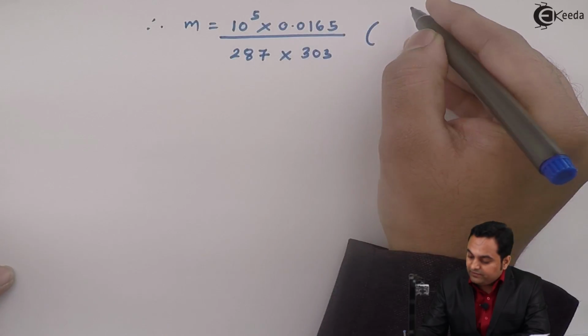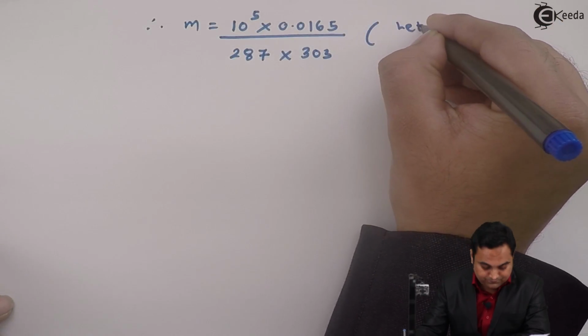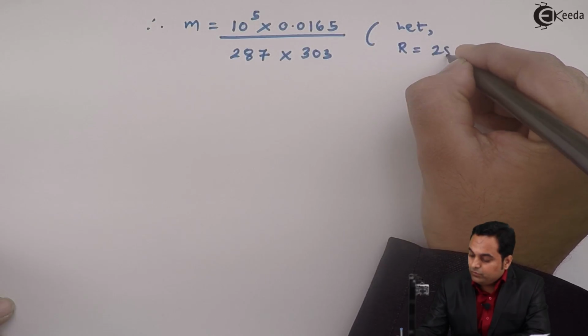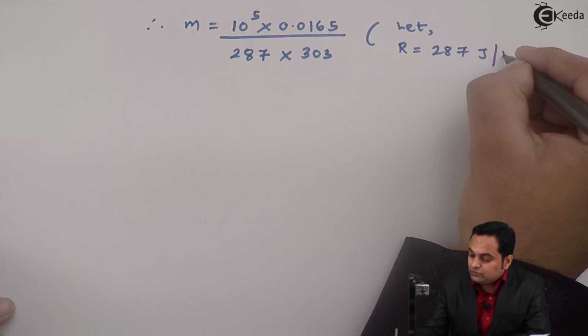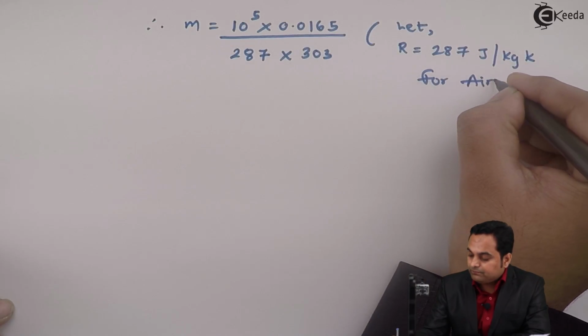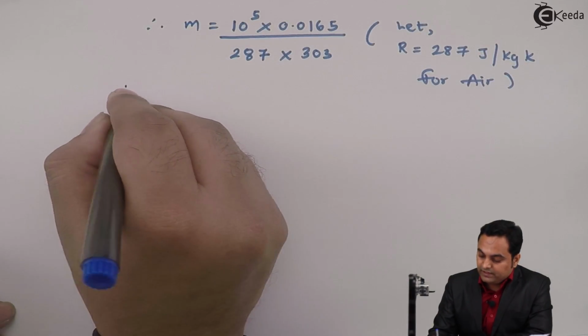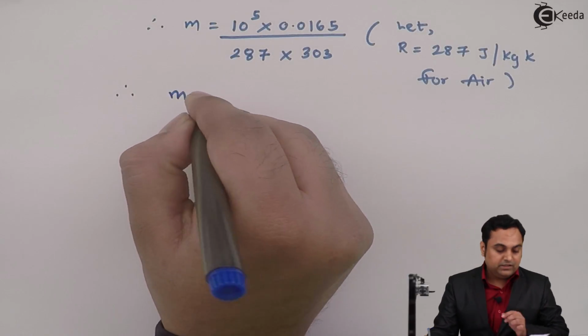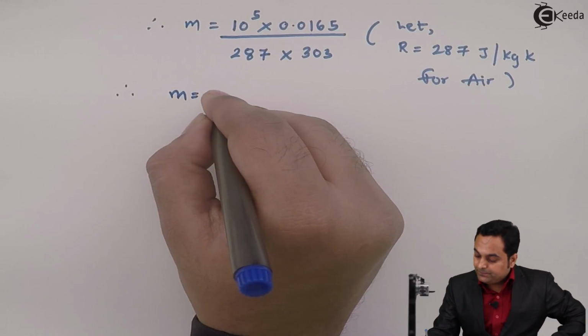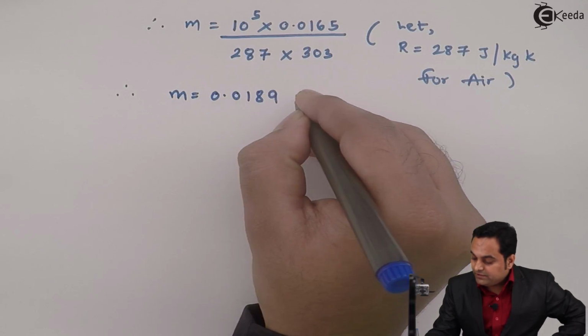Let R be equal to 287 joule per kg Kelvin for air. So on calculation I'll get the answer of mass. It comes out to be 0.0189 kg.